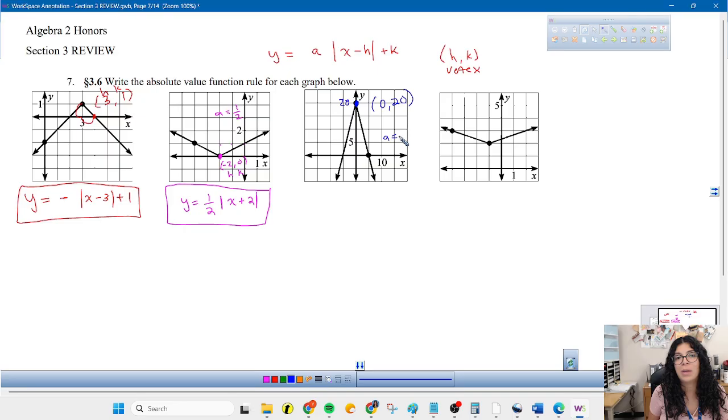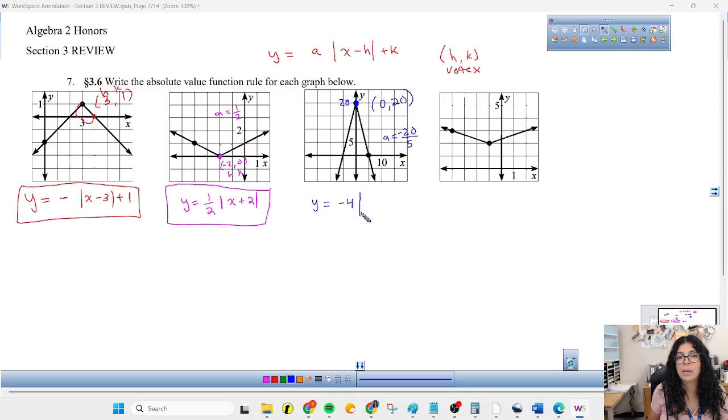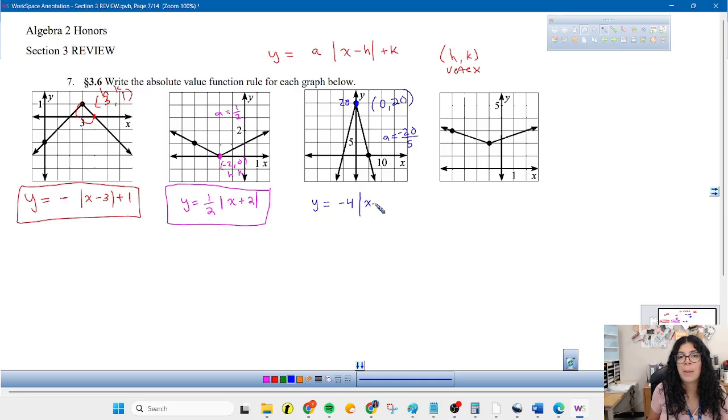So the a value is negative 4, negative 20 over 5, which is -4. So this equation will be y equals -4 times the absolute value of x plus 0, which we don't have to write, so the absolute value of x, and then plus 20 on the outside.